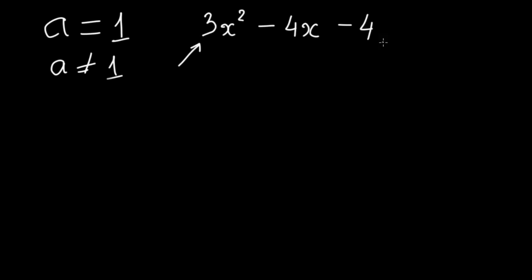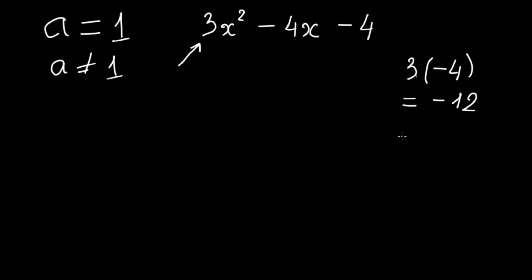The first step we need to do is we take a times c, which is 3 times negative 4, equal negative 12. So we need to find two numbers that when we multiply them together equal negative 12, and then when we add them together equal b, which is negative 4.